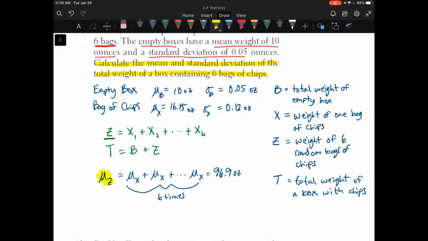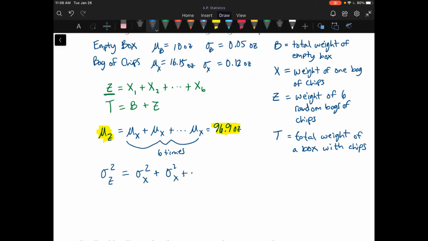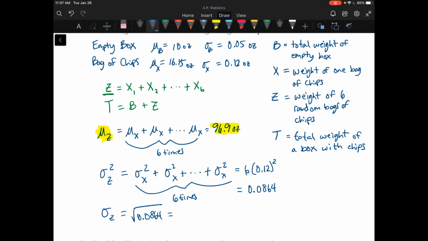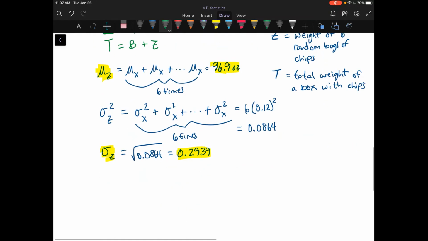So we have the mean of Z, 96.9, because the mean of the sum of random variables is the sum of the means of those random variables. So we get 96.9. Now the standard deviation. Recall up here, T equals B plus Z as far as random variables go.